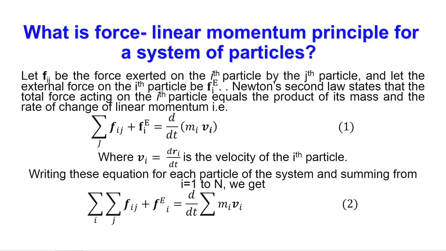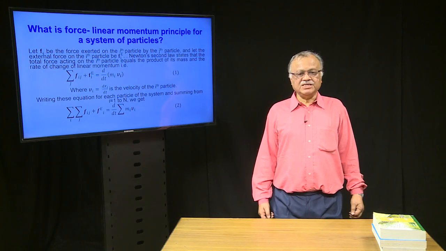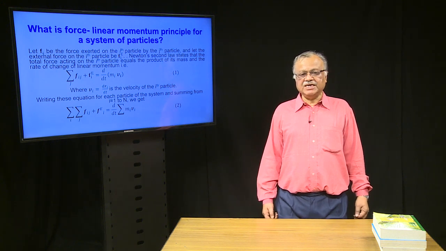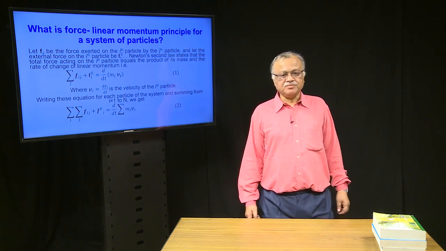These are the forces exerted on the ith particle, whose mass is mi and whose velocity vector is vi. So mi vi is the linear momentum. The rate of change of linear momentum equals the applied force, and the velocity vi equals d ri by dt, where ri is the position vector.